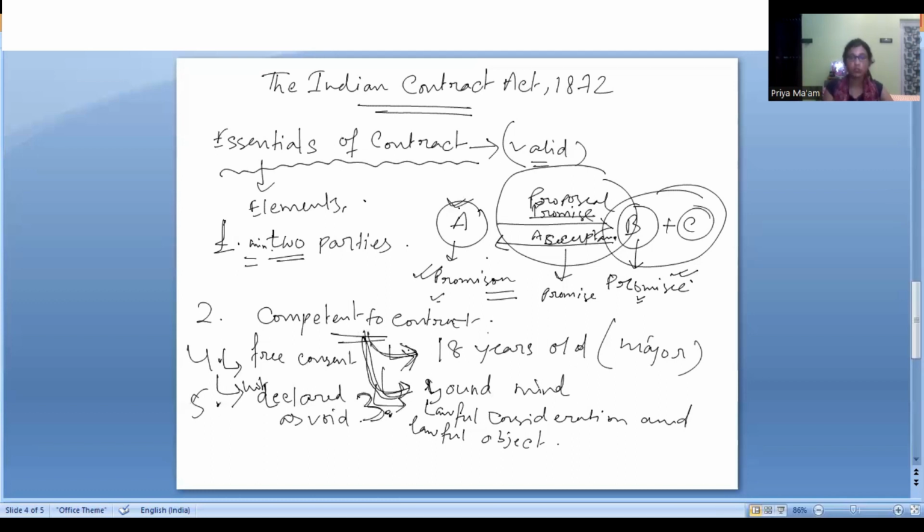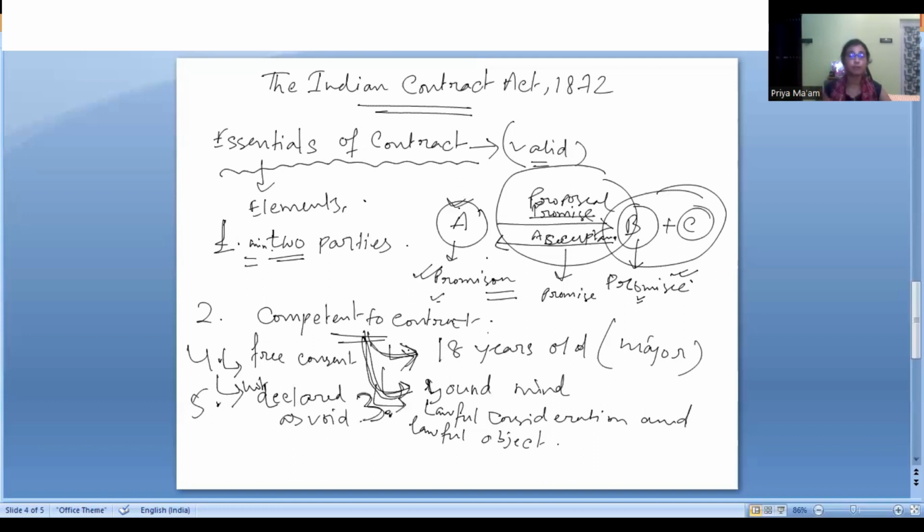Okay, so in brief, the essentials of a contract are: first, minimum 2 parties should be there, and the competency of the parties, they should be 18 years old, of sound mind, etc. The third one is the contract should be for lawful objects and lawful consideration.